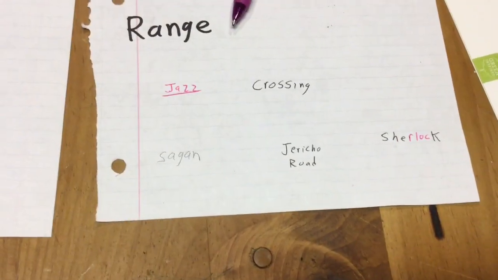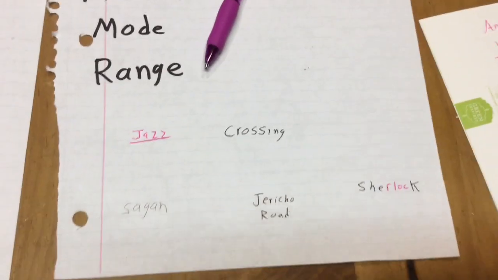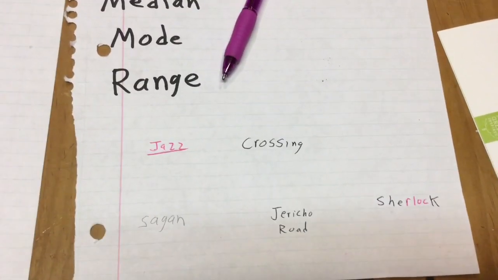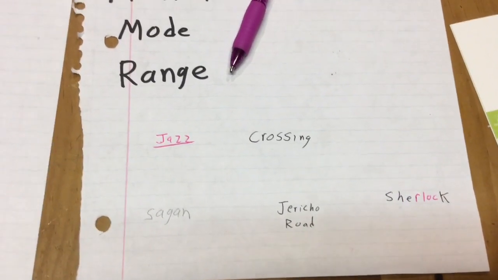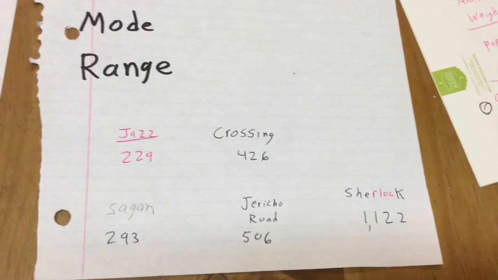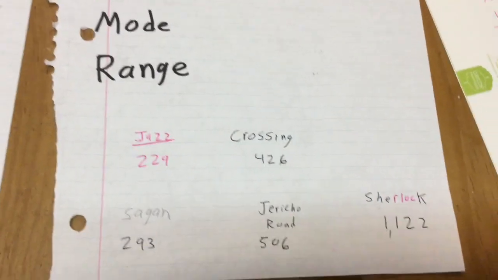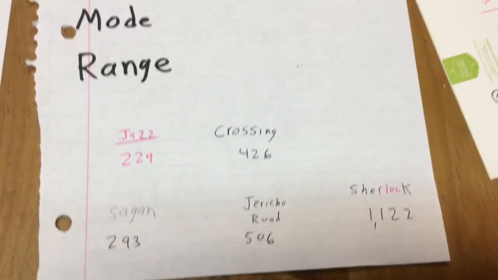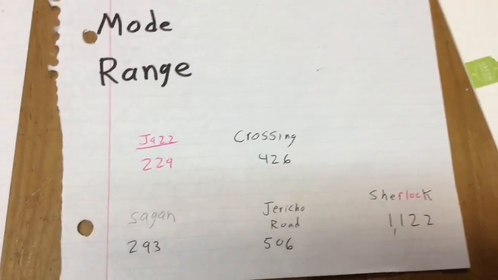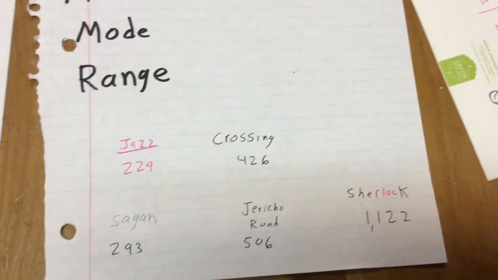Okay, next, this is on my workspace sheet here. I just wrote down the titles of the books I'm using. Those are my 5 sources. Now, I'm going to stop the video, write down the amount of pages in each book, and we'll go from there. Okay, I'm back. So all I did was I took the things that I'm using, in this case books, and because it's pages, I just went to the back, and here were my amount of pages.